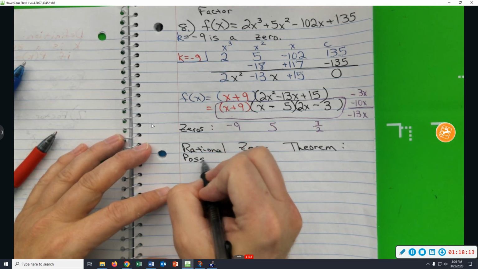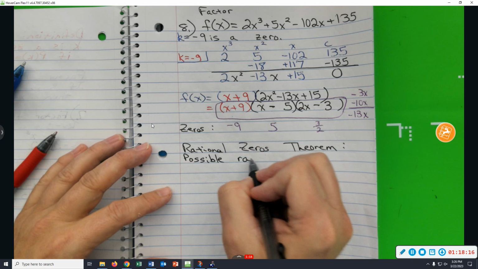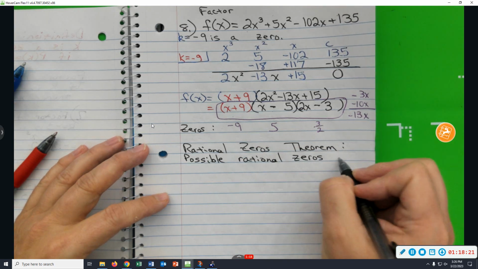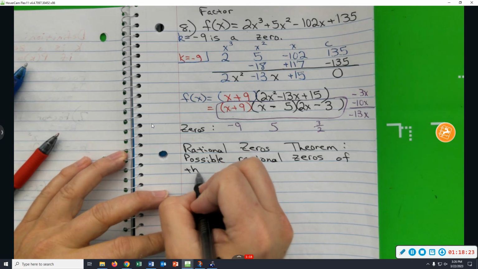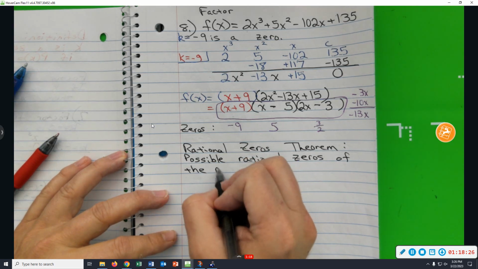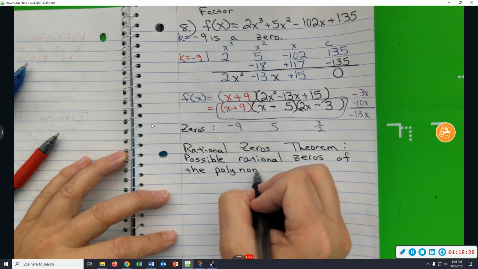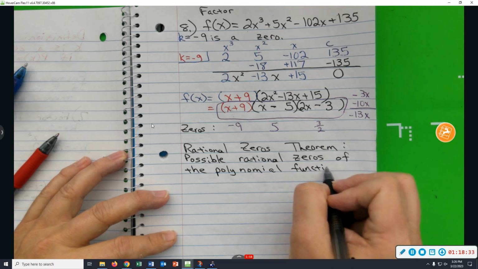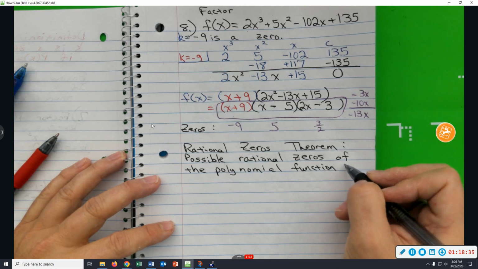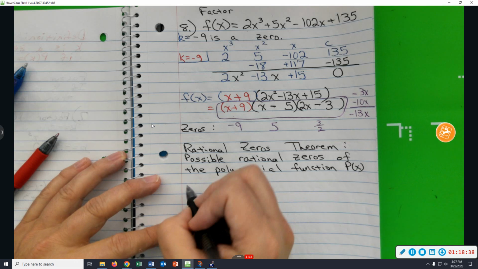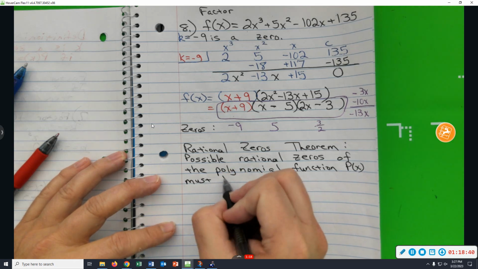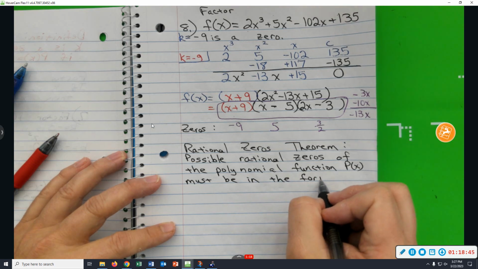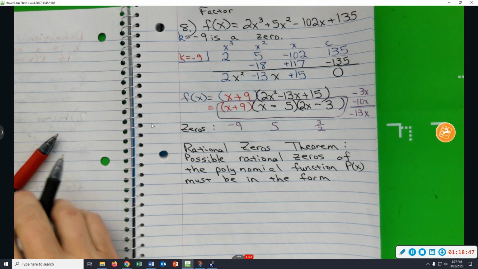Possible rational zeros of the polynomial function p of x must be in the form of a fraction.